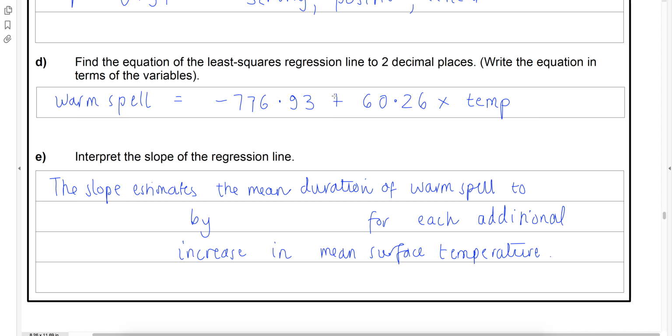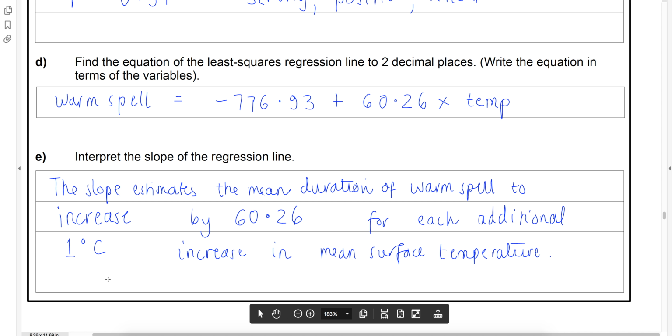It's positive, so it's increasing. The slope estimates the mean duration of the warm spell. So it estimates the RV to increase by the slope value, so 60.26, for each additional, now temperature here is measured in degrees Celsius, so I'm talking about a 1 unit degree Celsius increase in the mean surface temperature.